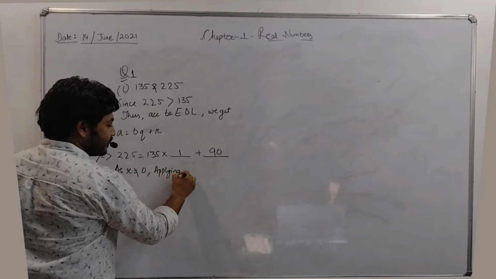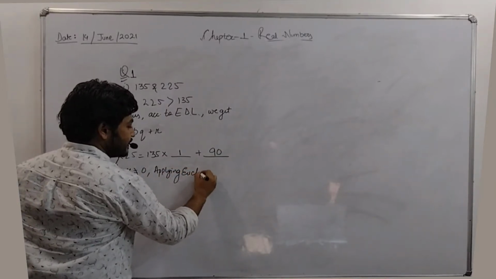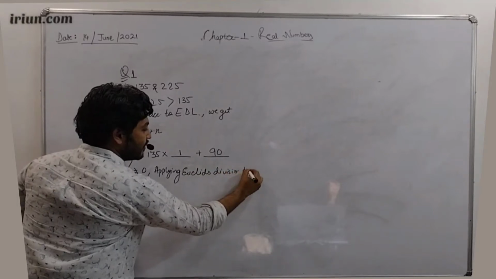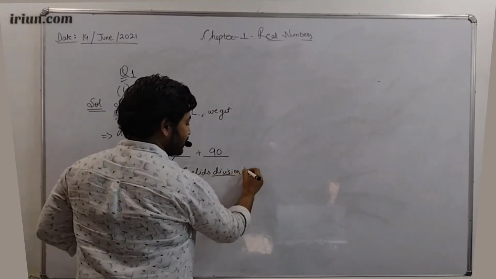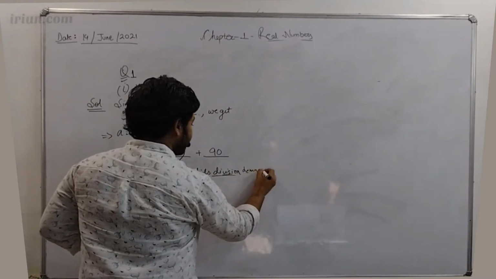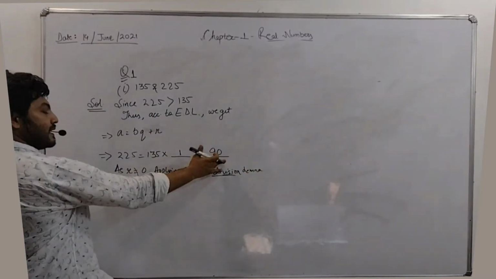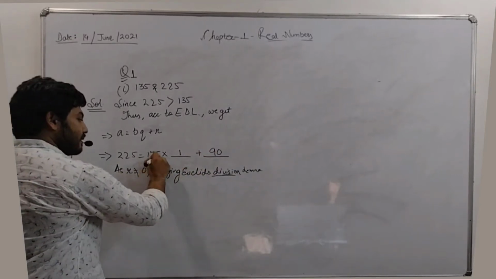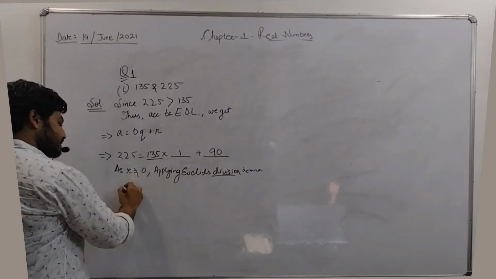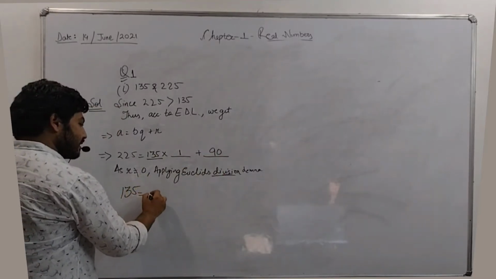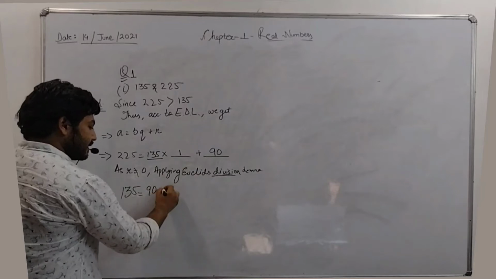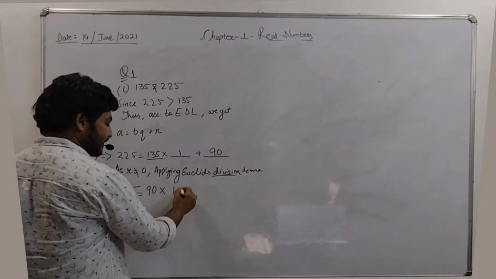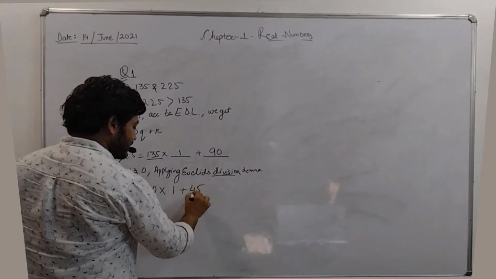applying Euclid's division lemma. I am writing in very short, please write it in full form. So again we saw that R is not 0, so in that case we apply Euclid's division lemma again on B and R. So let us say B becomes dividend and R becomes divisor. 90 into 1, again we can't do 2 because it will be a bigger number than 135, plus 45 would be the remainder.